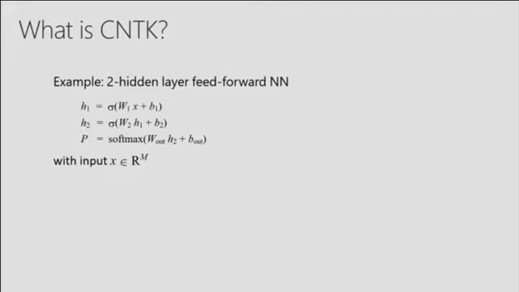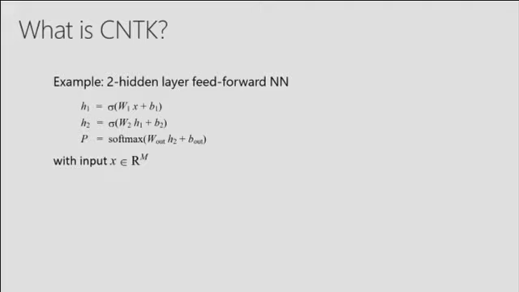You've got an input that is x. You multiply x with a weight, add a bias, and then pass the output through a nonlinear function sigma, and you end up with the output of the hidden node, which is h1. That's the first hidden layer.